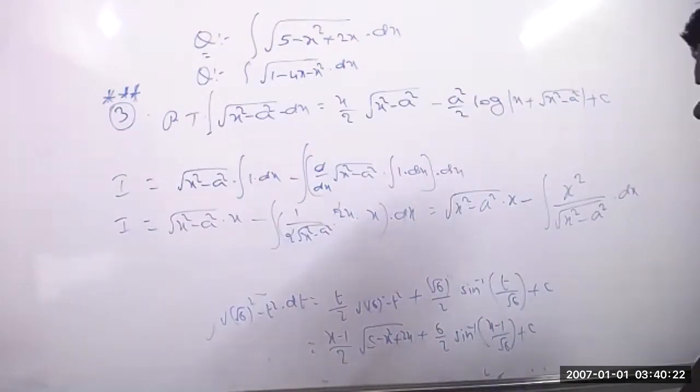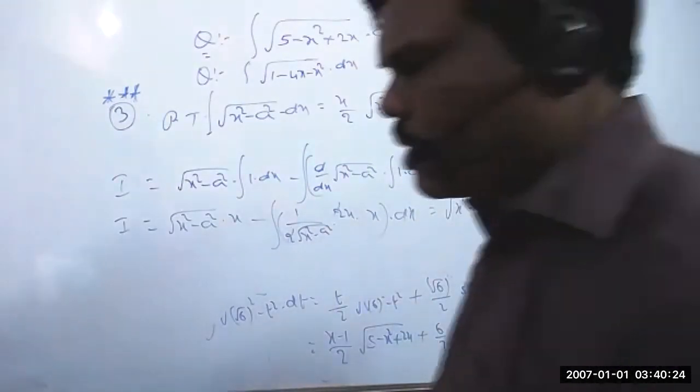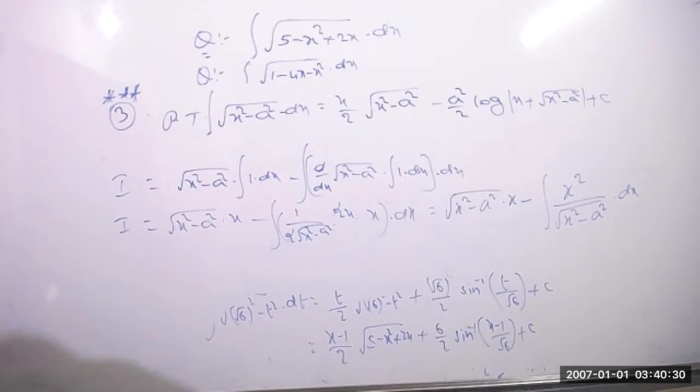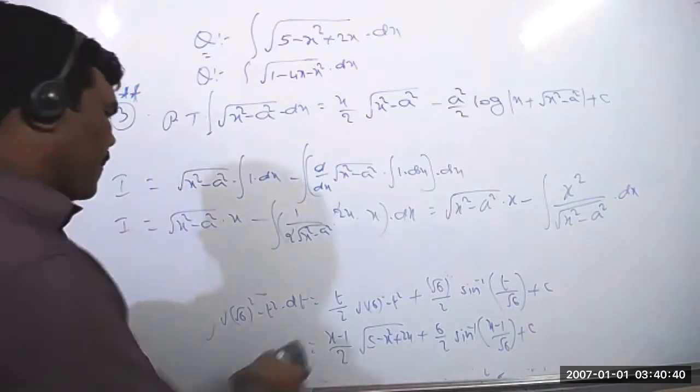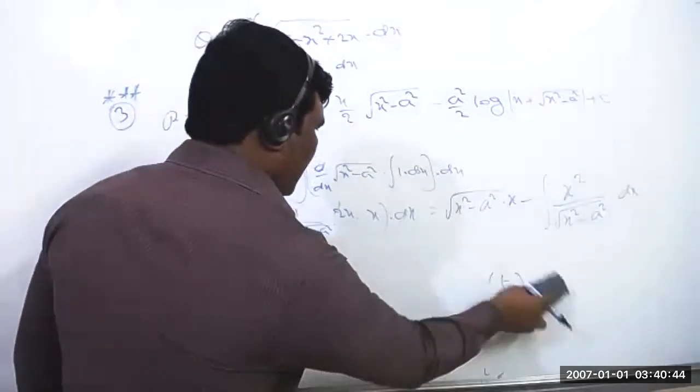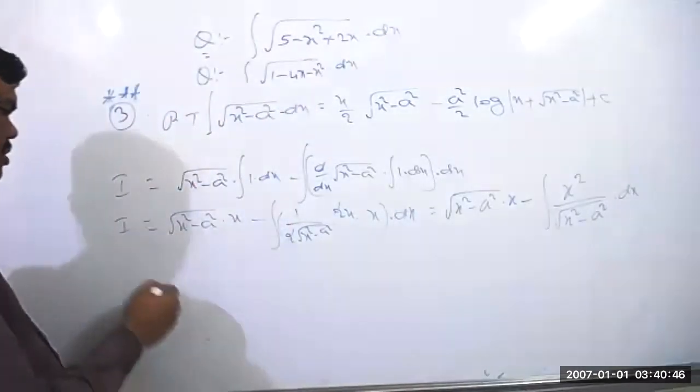Same procedure: you can add and subtract a square, and write it separately, then apply the integration for that.